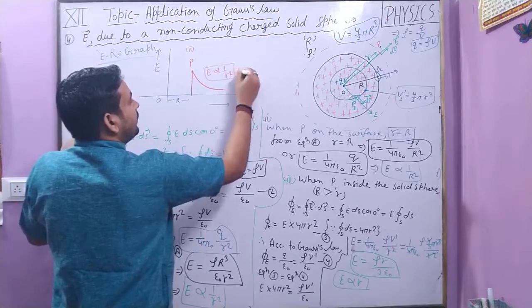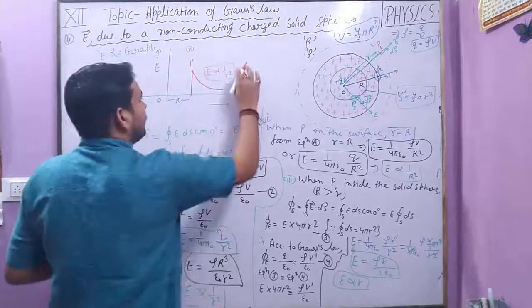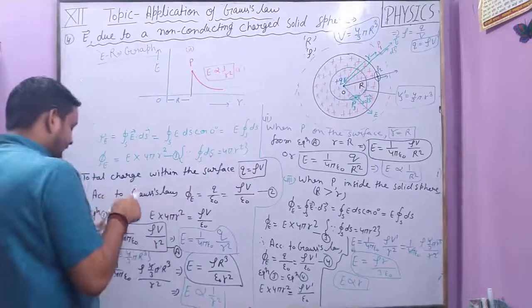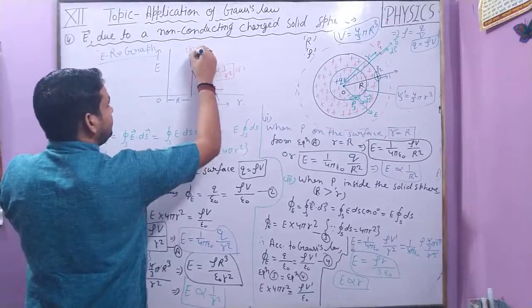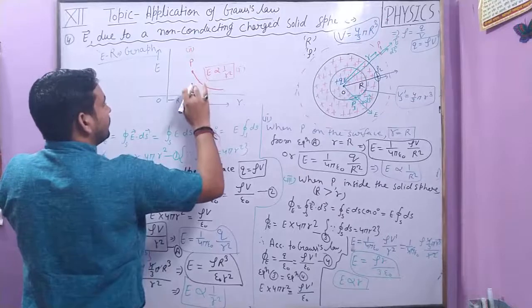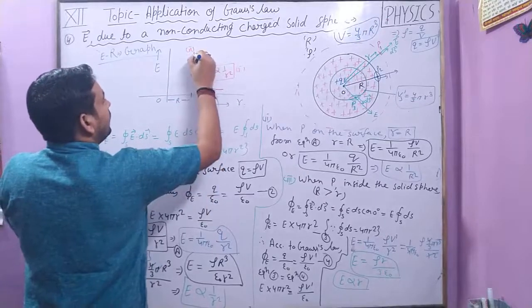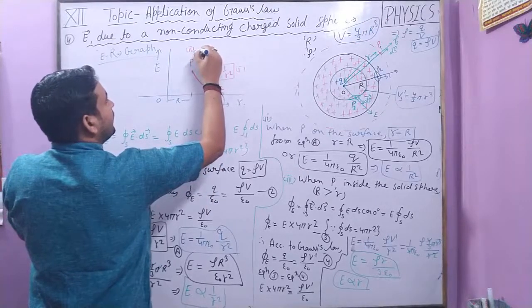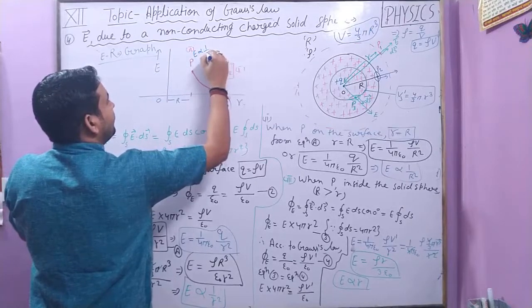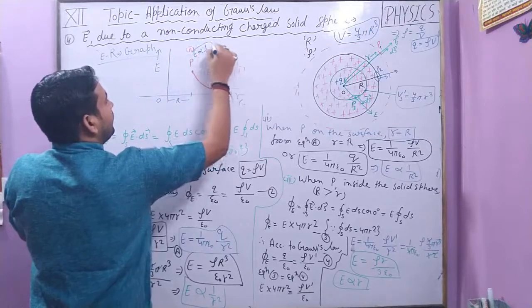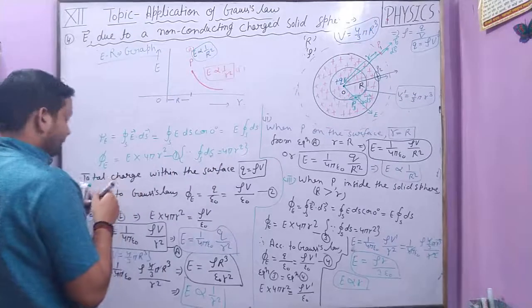Now second case, on the sphere, E is inversely proportional to capital R square.